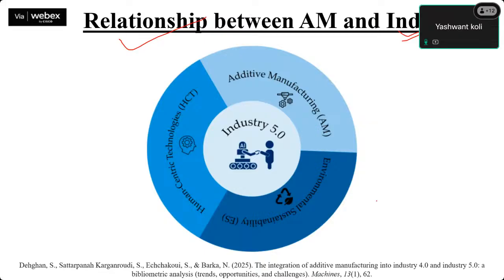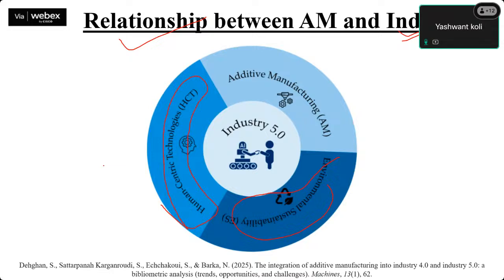Additive manufacturing, environmental sustainability, and human centered technologies, HCT. Additive manufacturing enhances smart manufacturing by integrating digital tools like IoT, AI, big data, and digital twins.